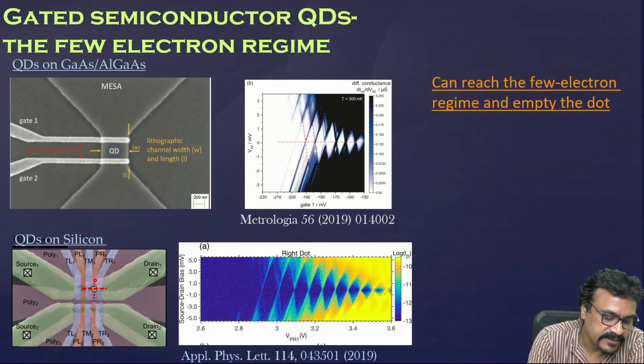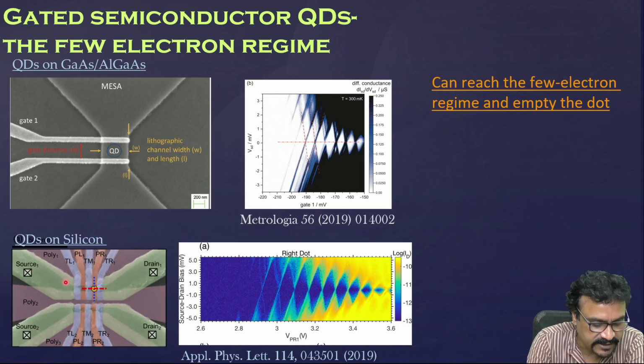Similarly, this is another design where you have two channels, one is actually a sensor channel, the other one is a dot channel. This is an interchangeable design. This is realized on silicon. Okay. There are a few layers of gates here.